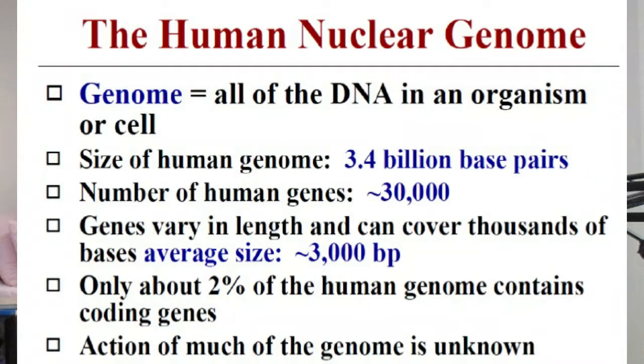So there are basic principles of genetics. We have what we call the human nuclear genome. When you say genome, the genome is all of the DNA in an organism or a cell. The size of a human genome is 3.4 billion base pairs, and the number of human genes is about 30,000.